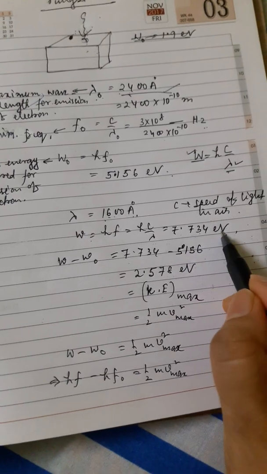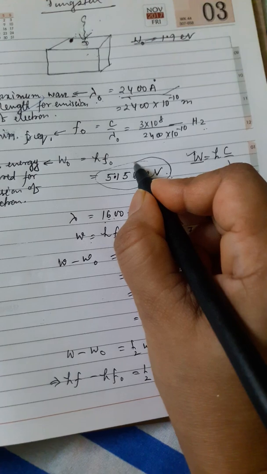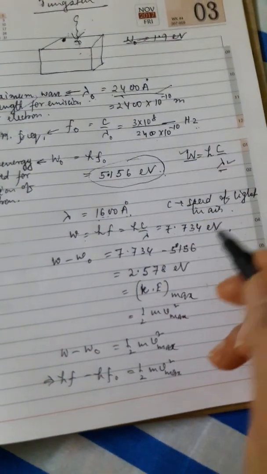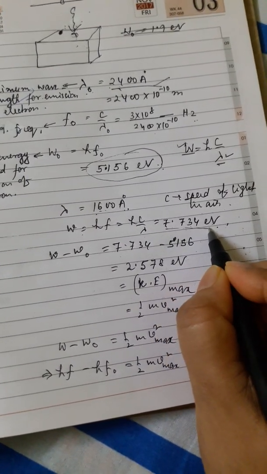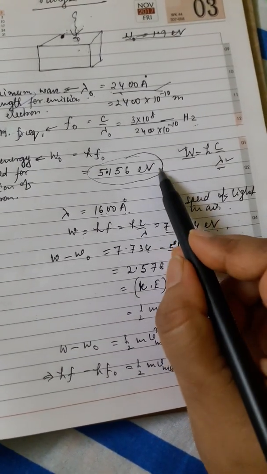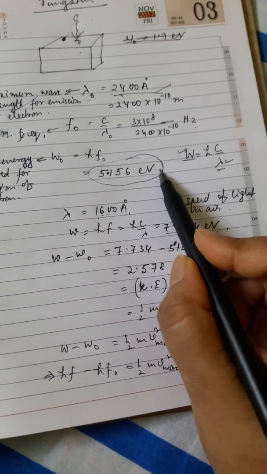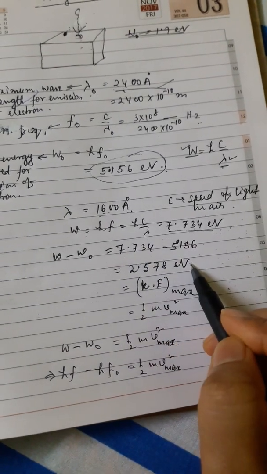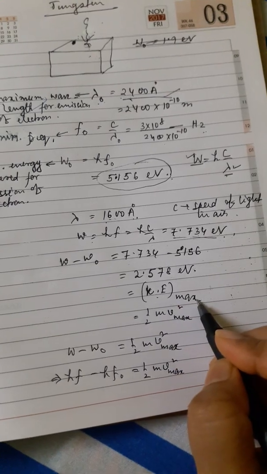Now, out of this energy, a certain amount is required by an electron to leave the metal body from the surface. The rest of the energy will be converted into the kinetic energy of the electron.